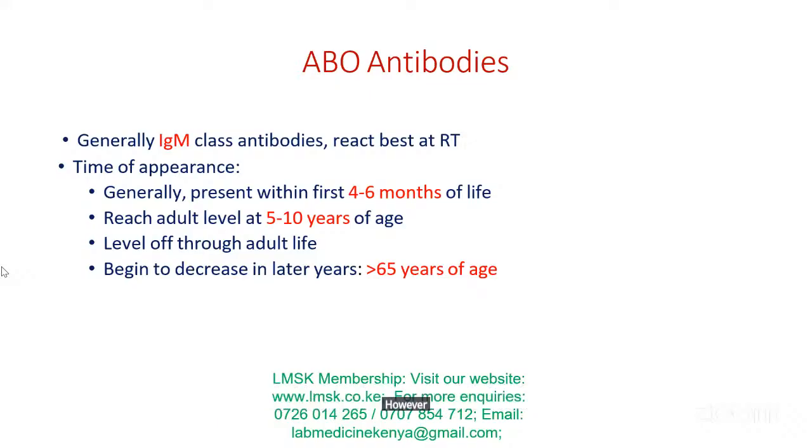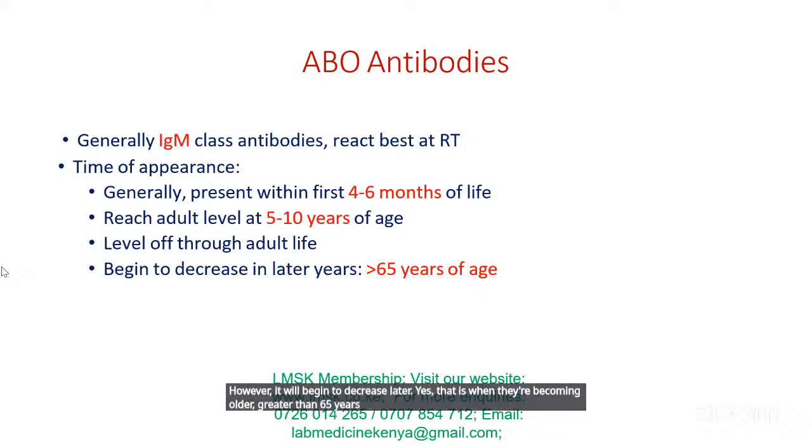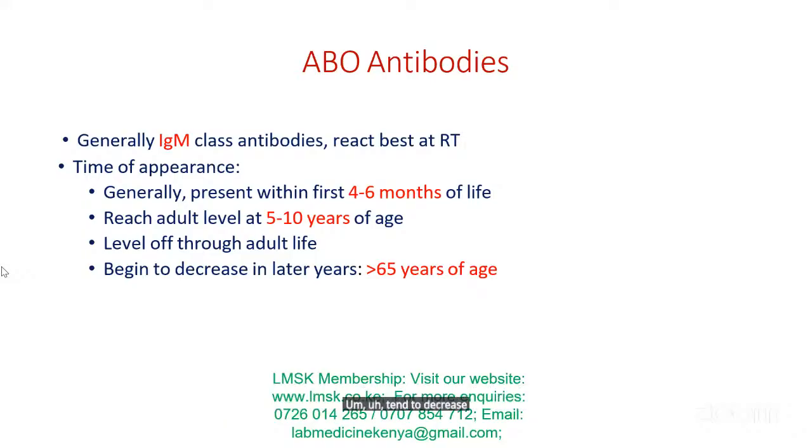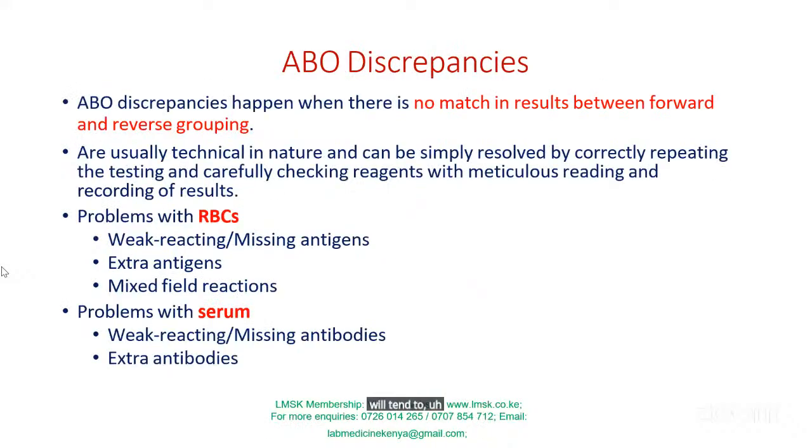However, it will begin to decrease in later years. That is when they are becoming older, greater than 65 years of age, the level of antibodies again tends to decrease. And not only decrease, even the reactivity of these particular antibodies will tend to decrease.